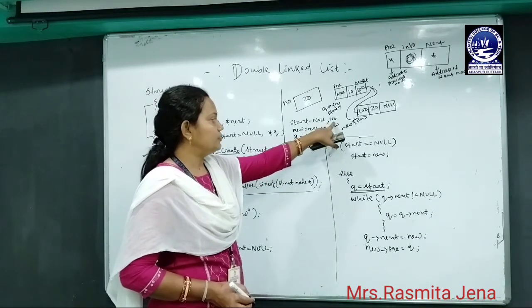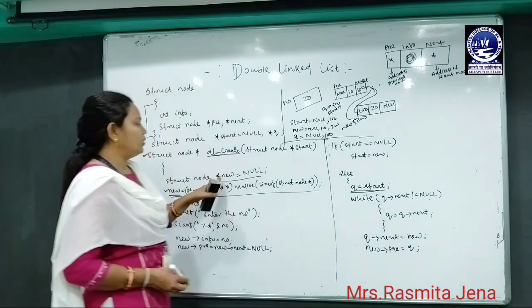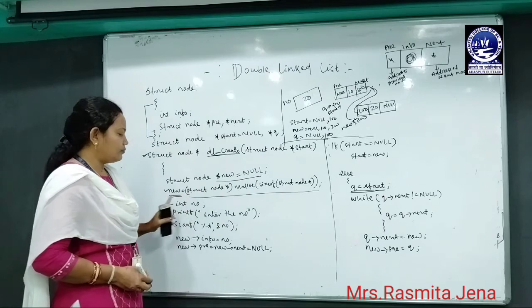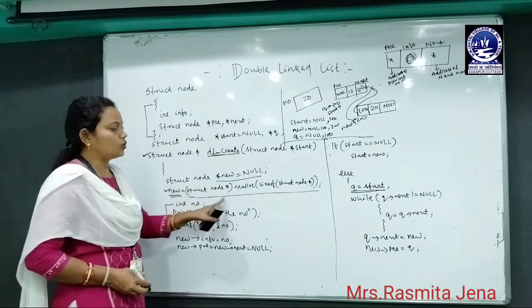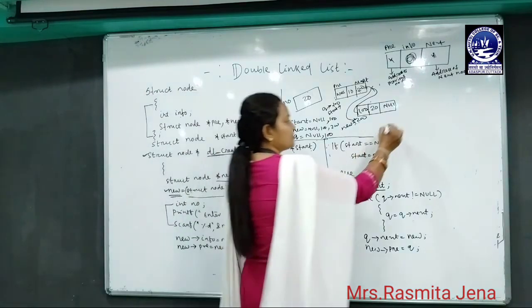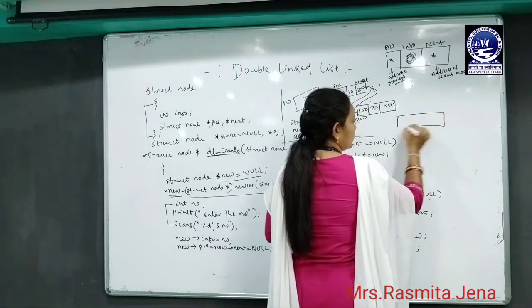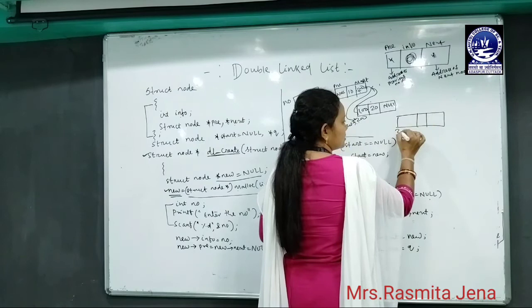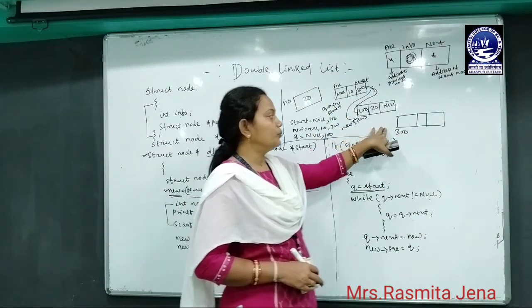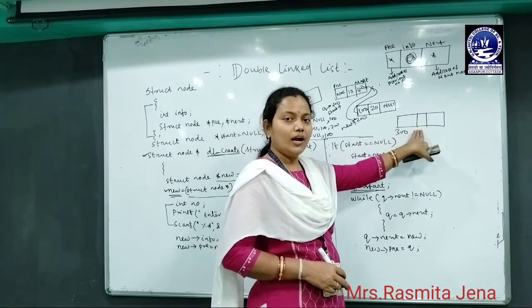Now we will again declare a variable new, which is initially null, and by executing new equals struct node malloc sizeof struct node, a new node is created. Suppose this was the new node created in the double linked list, at location 300.